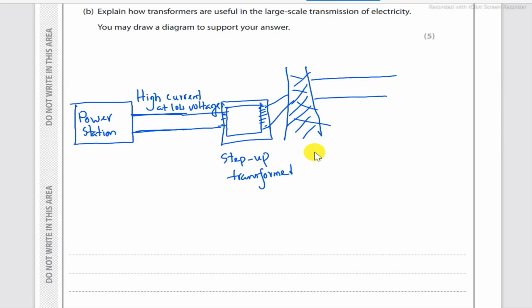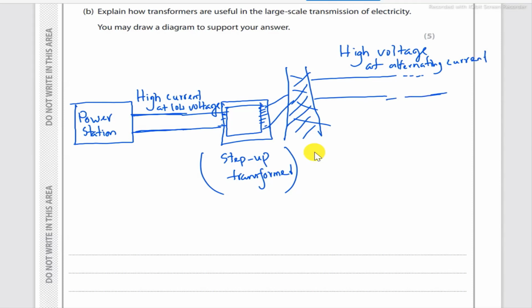So this step-up transformer converts high current into low current and low voltage into high voltage. So high voltage at low alternating current, because a transformer works only for alternating current.